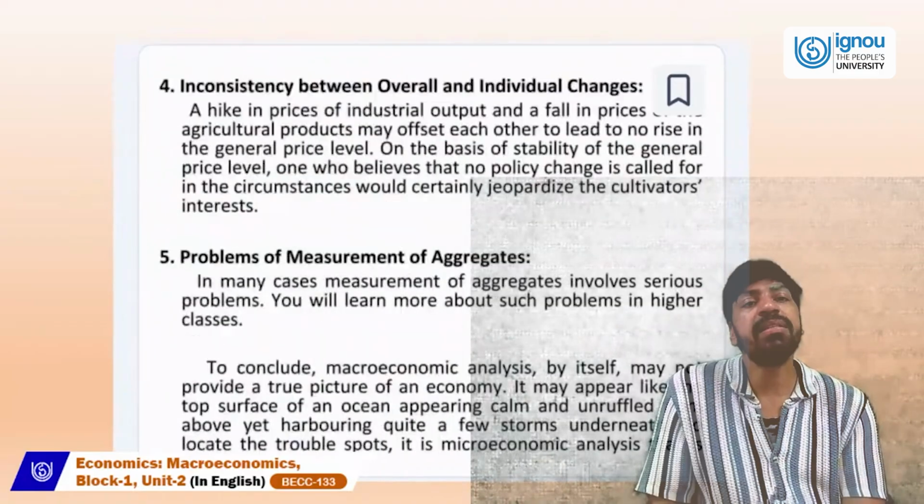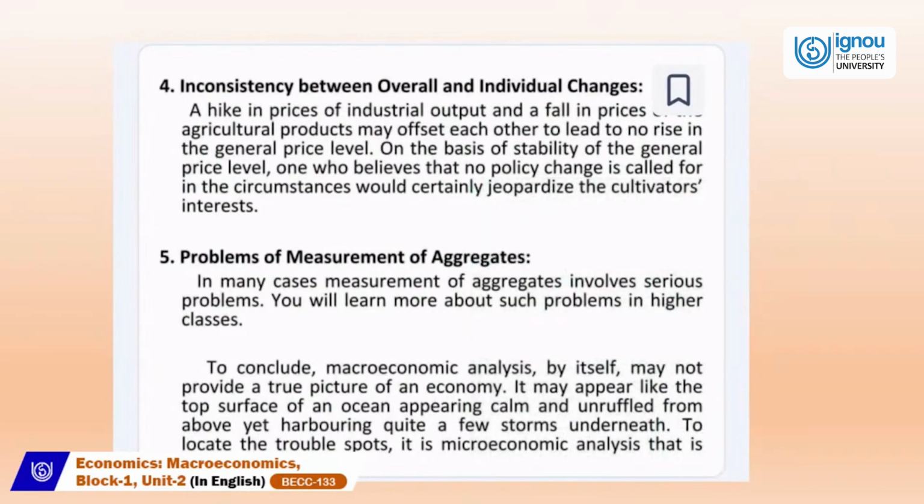The next one is inconsistency between the overall and individual changes. If there is any change in the price of industrial output, or any fall in the prices of agricultural products, then it doesn't mean that there would be no change in the general price level.